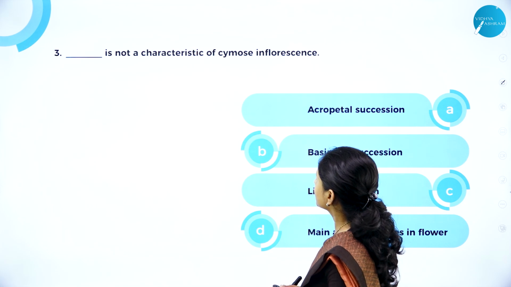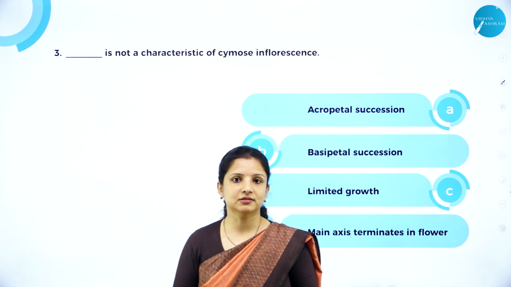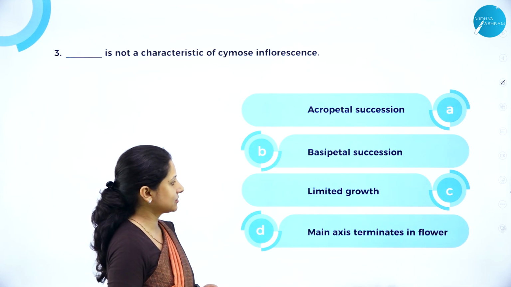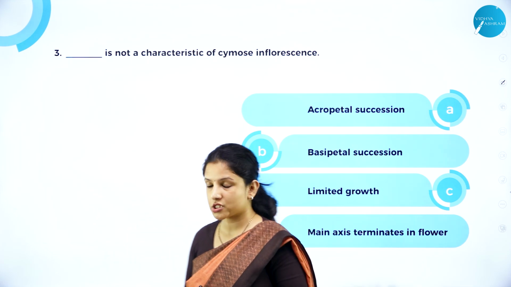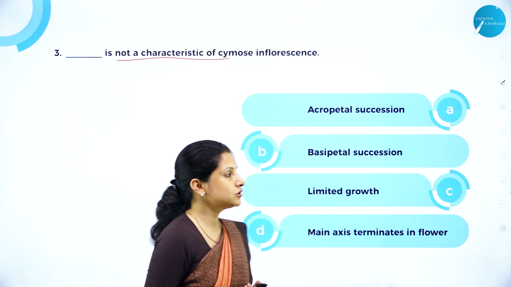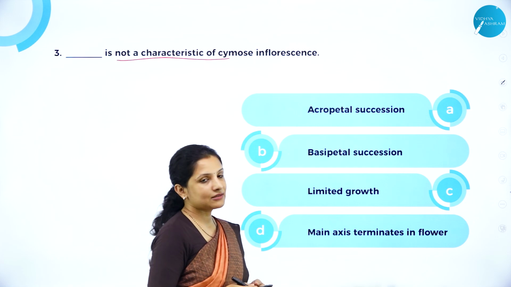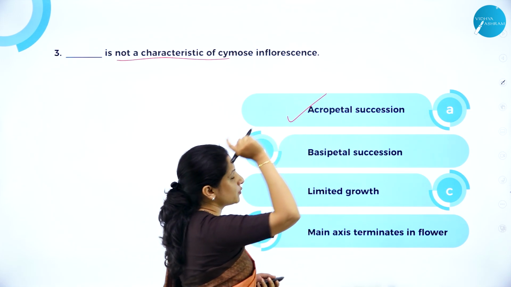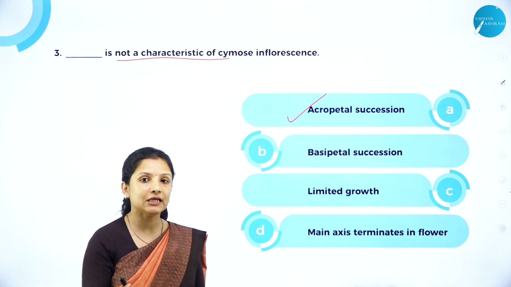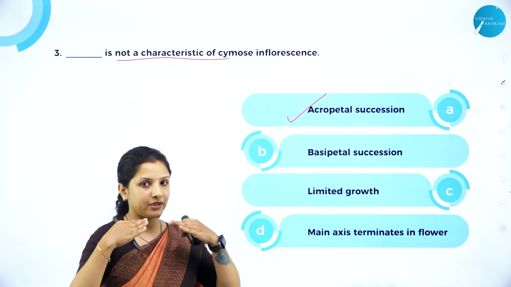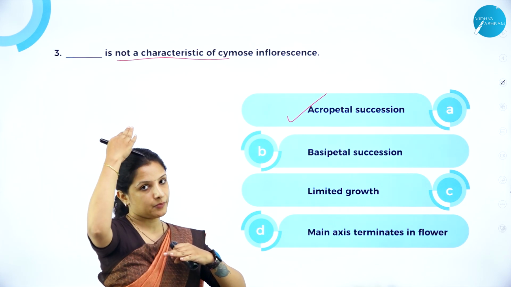Dash is not a characteristic of cymose inflorescence: acropetal succession, basipetal succession, limited growth, main axis terminates in a flower. Acropetal succession is not a characteristic of cymose inflorescence because acropetal succession is seen in racemose flowers, wherein the older flowers will be at the bottom and the younger flowers at the top.